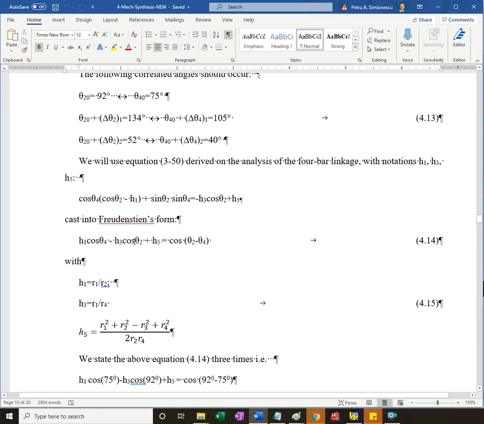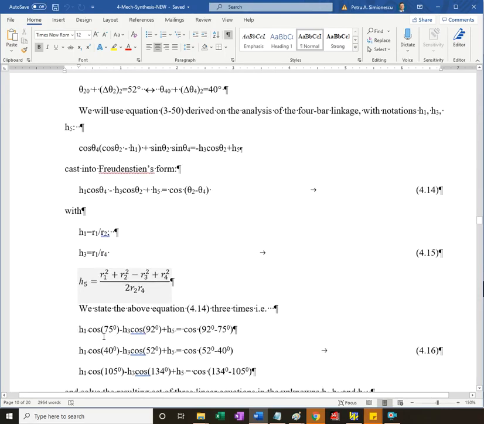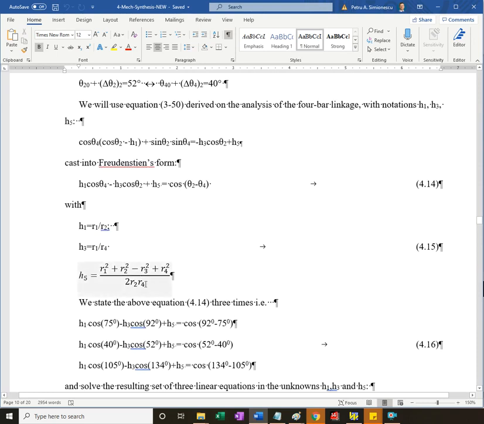So what do we do? We take the equation from a 4 bar linkage analysis, and we do some changes of variable, introduce H1, H3, and H5. Okay, and these are ratios of links, and then H5 is a bit more complex.